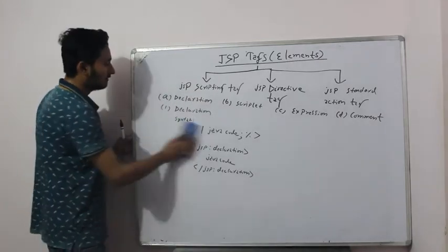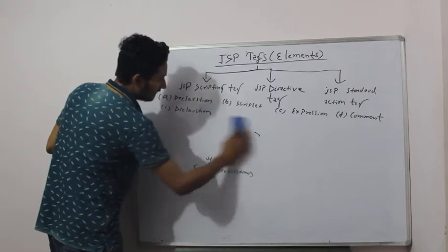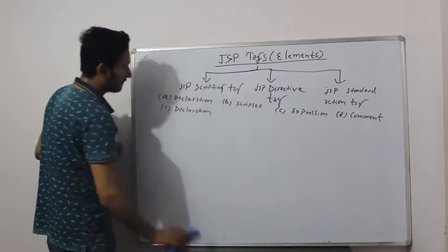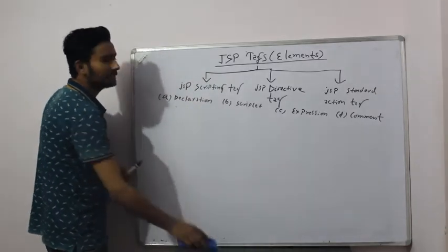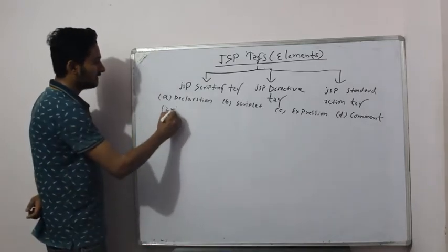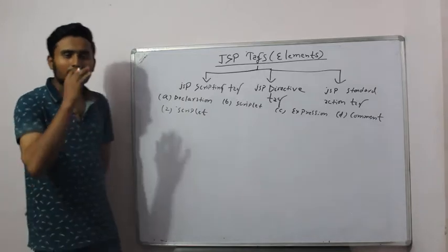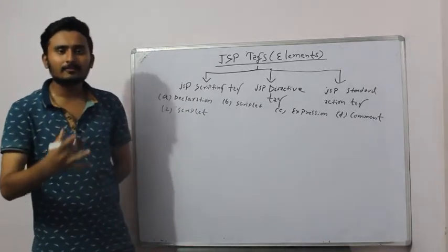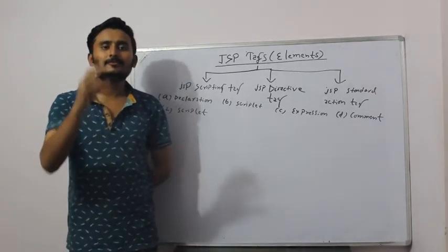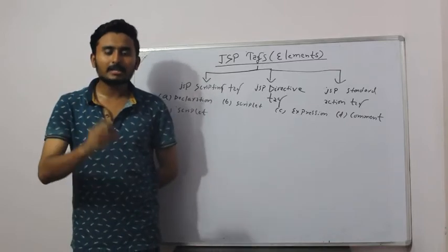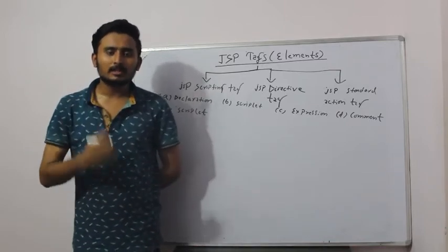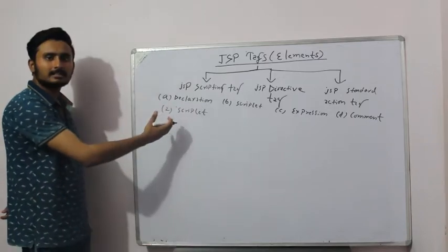Now we are going to discuss the next tag, that is the scriptlet tag. With the help of the declaration tag we are able to define the variables or methods, but for printing out the values we need this tag, the scriptlet tag.